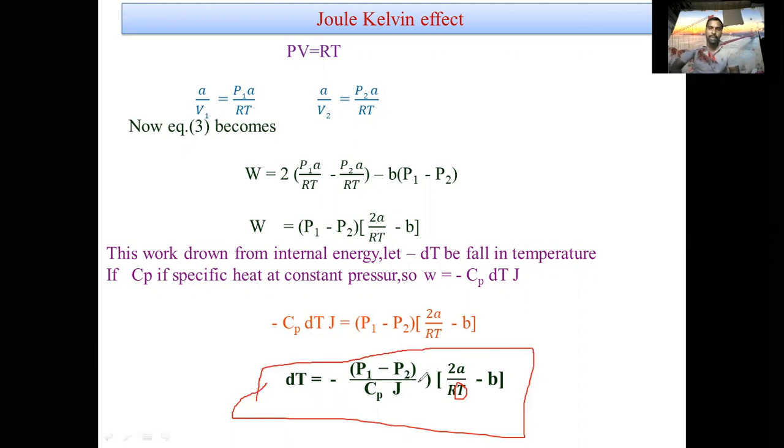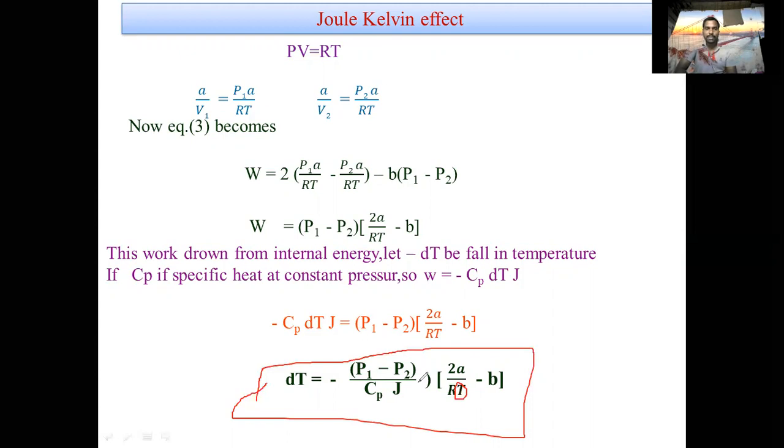Now, the behavior of this equation from the result of the Joule Kelvin effect, we have to discuss the result. When the initial temperature is below the inversion temperature, at that time we get the cooling effect.